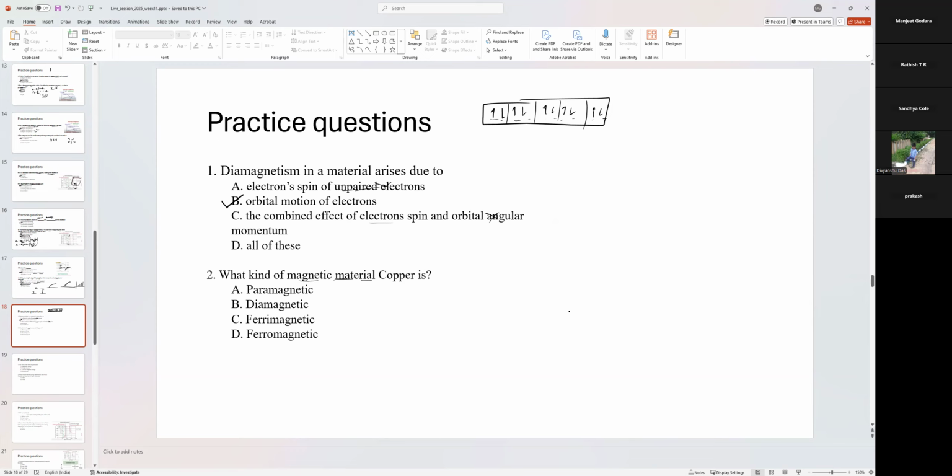What kind of magnetic material is copper? If you know the electronic configuration of copper, it is argon 4s1 3d10. 3d10 means your d orbital, the lowest orbital, is completely filled.